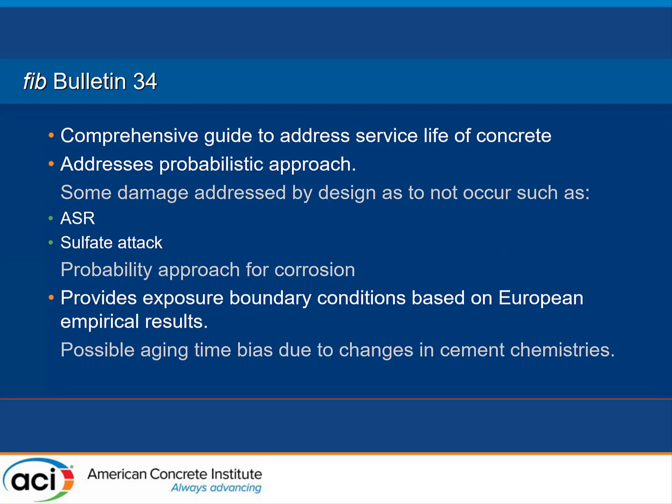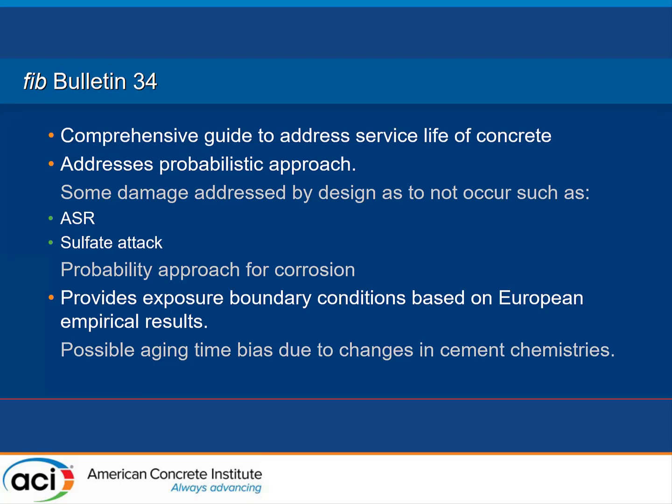FIB Bulletin 34 is a comprehensive guide to address service life of concrete. It addresses a probabilistic approach. However, some damage can be addressed by correcting for it up front. Like ASR, for instance, you would use aggregates that aren't susceptible. Sulfate attack is handled similarly, and then it uses a probability approach for corrosion.